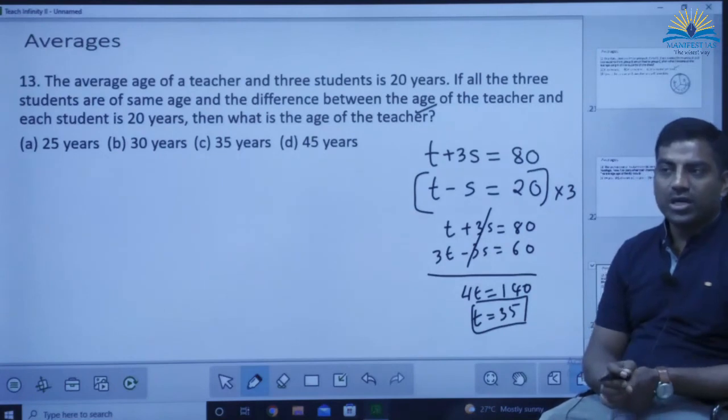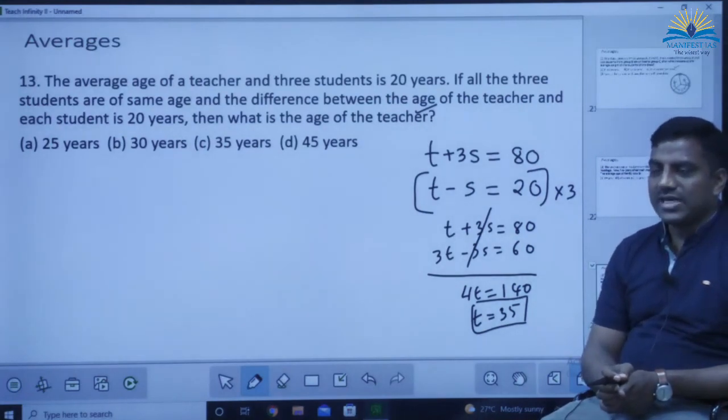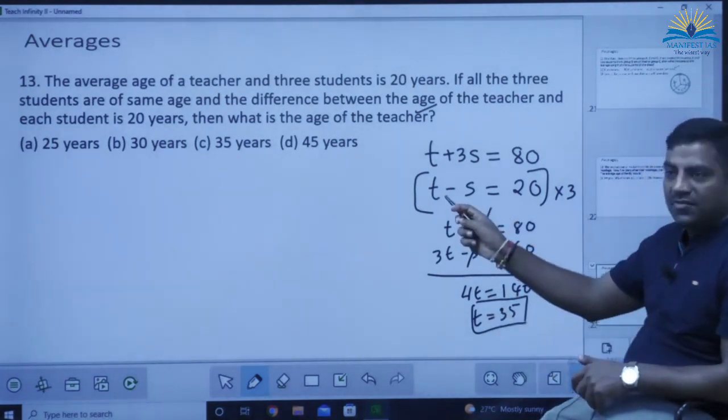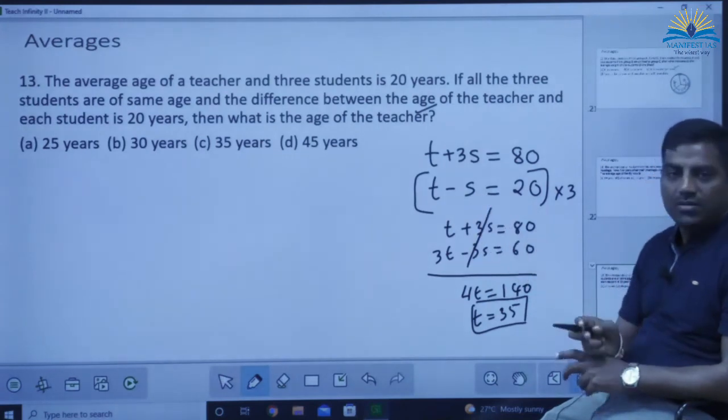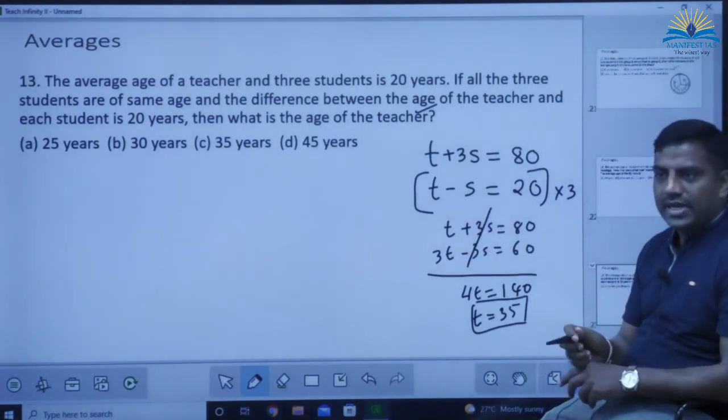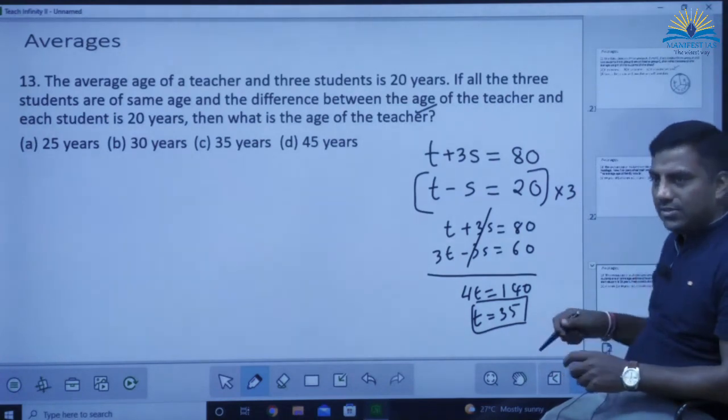They have not asked, but I am asking: what is the age of each student? Put t here, 35, so 15. Teacher is 35 years old and student is 15 years old.